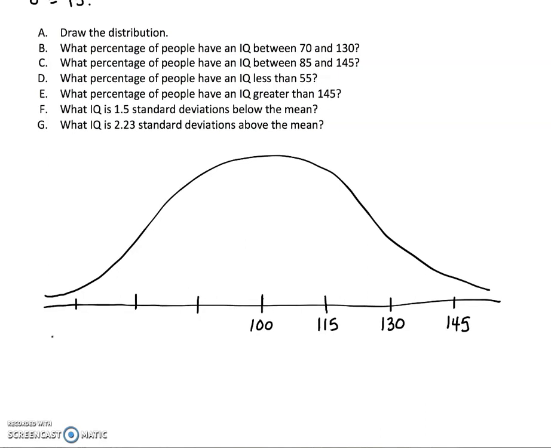Okay, going to the left, we subtract standard deviations. So 100 minus 15 is 85. Minus another 15 is 70. And then minus one more 15, we're down to 55. So this is our answer to part A.